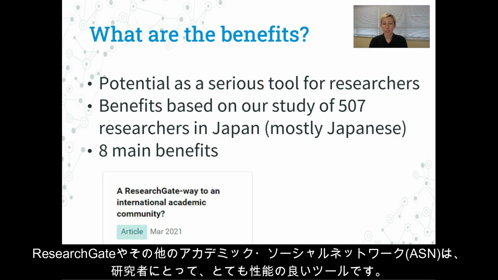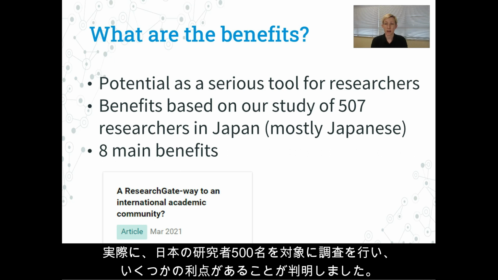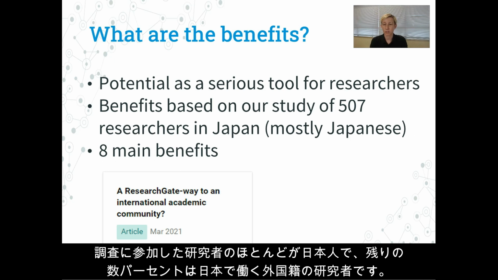So ResearchGate and other academic social networks have the potential to be a serious tool for researchers. There are a number of benefits, and we surveyed around 500 researchers in Japan. Most of them were Japanese, with a small percentage being foreign researchers working in Japan.